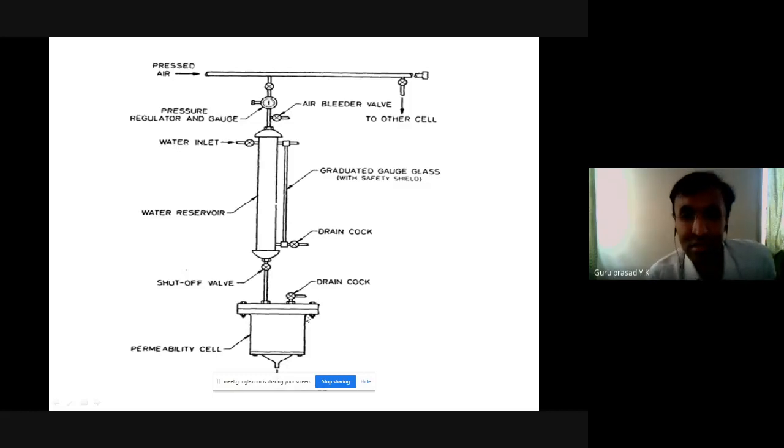So this water, which is under pressure, tends to seep through the concrete member, which is a cube here, and it starts to drain out. So you have a drain here. It gives you the amount of inlet water and the amount of water which has permeated through the concrete member.